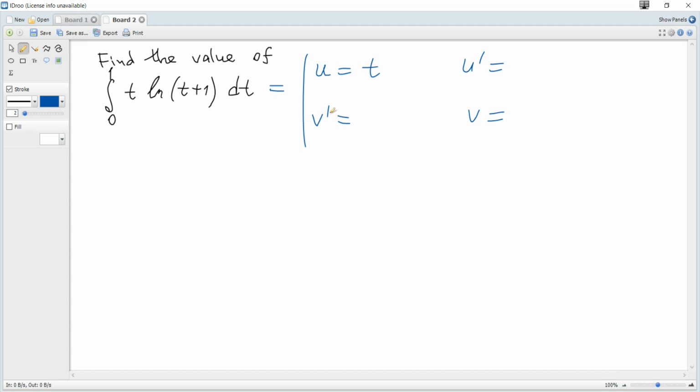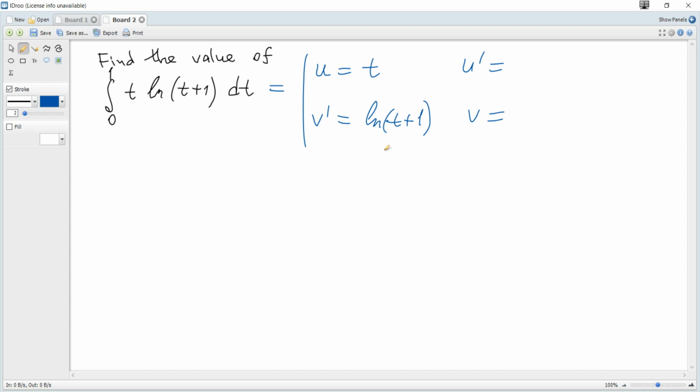But let's consider for this situation, if u is t, we can easily calculate the derivative, and v prime is ln, and we need the integral of this ln, and it can be calculated also by integration by parts.